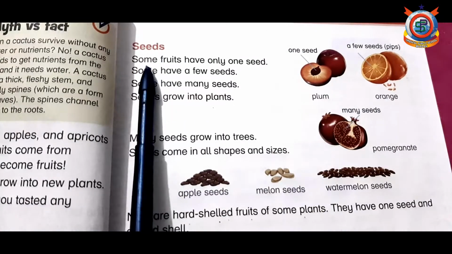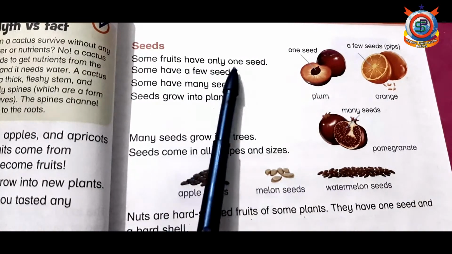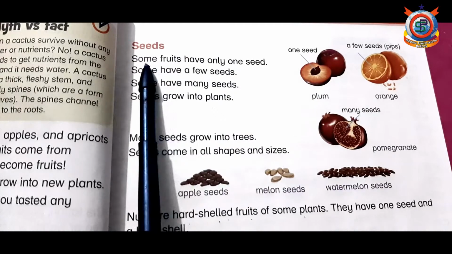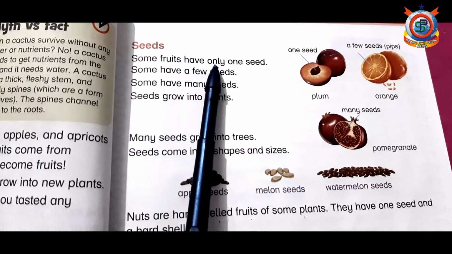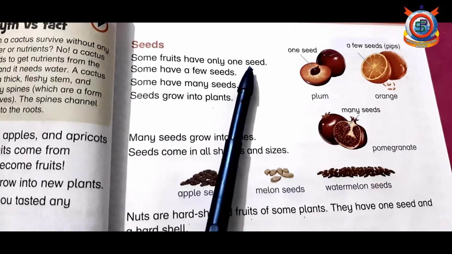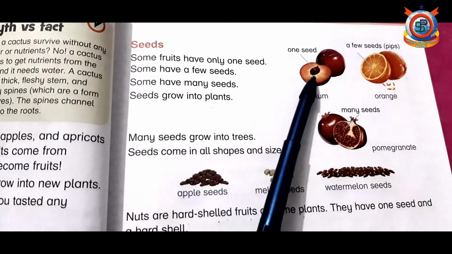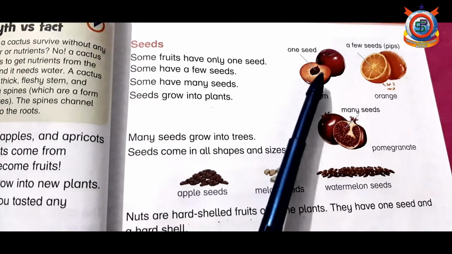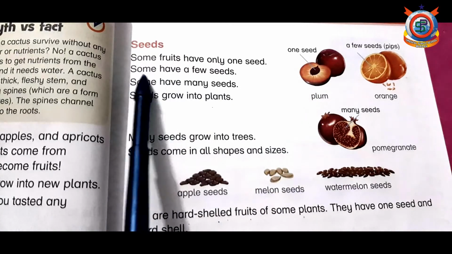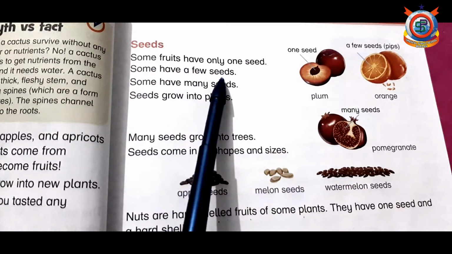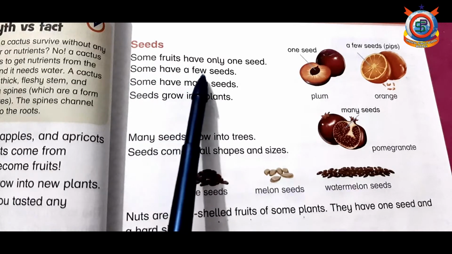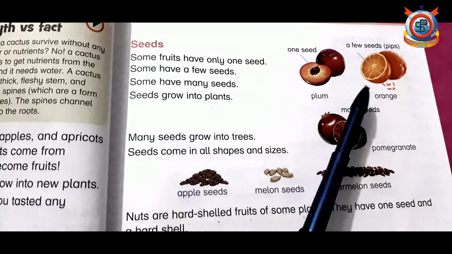Seeds. Some fruits have only one seed. Example, plum, mango, etc. Some have a few seeds.